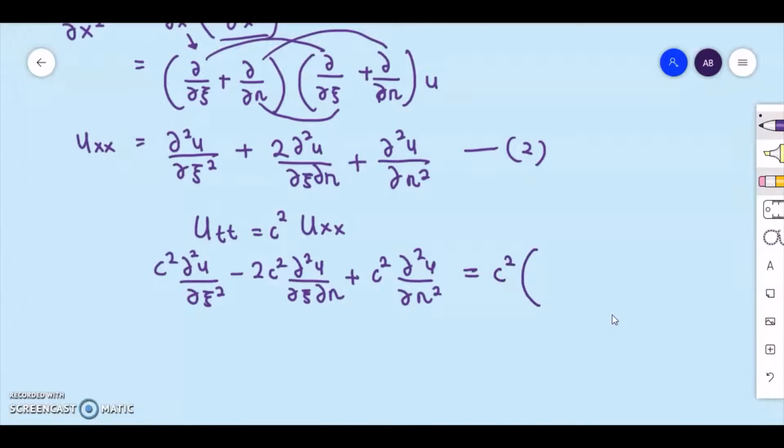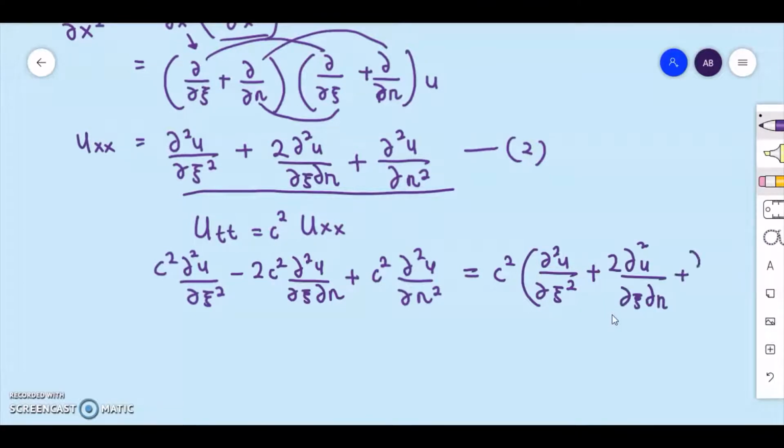And then equation 2 now: partial squared u over partial xi squared plus 2 partial squared u over partial xi partial eta plus partial squared u over partial eta squared.